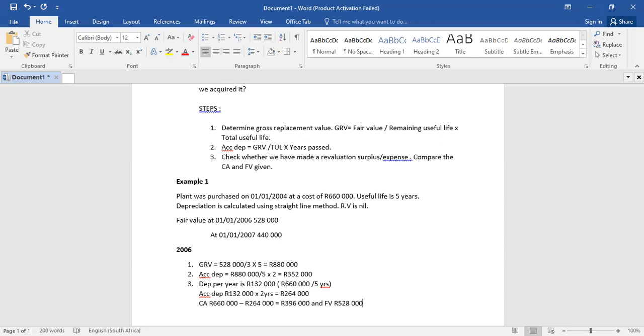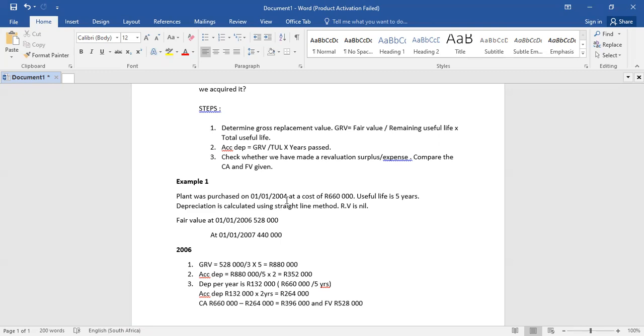The carrying amount of the assets is cost less accumulated depreciation. The cost price is fixed. The accumulated depreciation is depreciation adlule, which is 132,000 times 2. Esinikeza u-264. Shuthi kahle kahle carrying amount ye-assets lethu yubani? It's 396,000 and the fair value is 528.